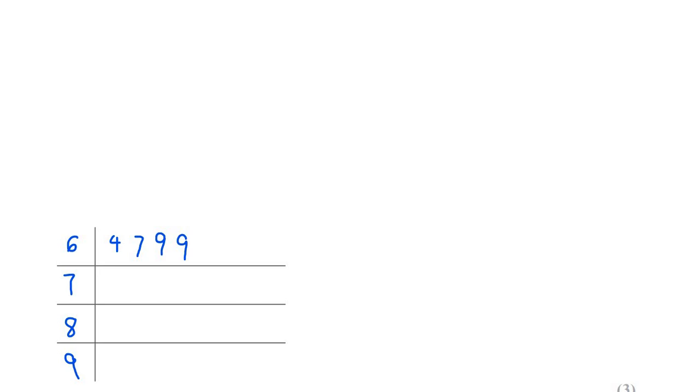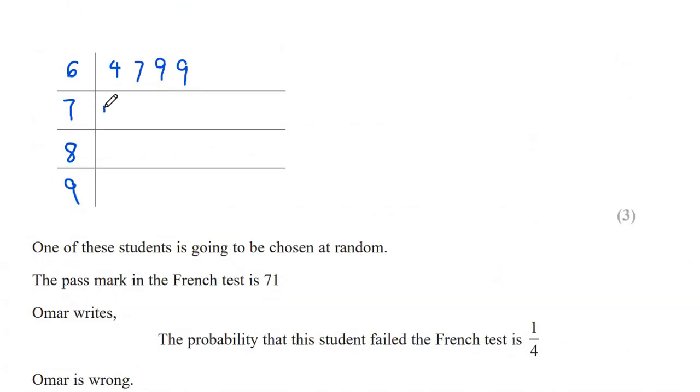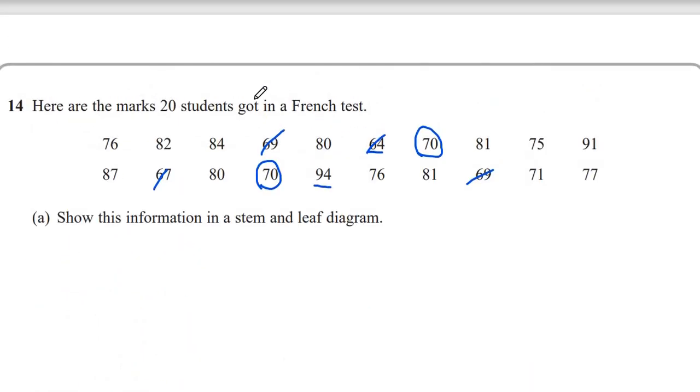Next, let us look for the numbers in the 70s. Well, we have 70, and we actually have two 70s. So let's put that down. We have two 70s, and then 76, 75, 76, we have two of them, 71, so this will go next, and we also have 77.